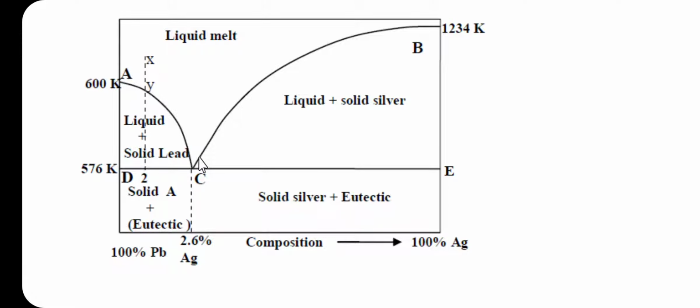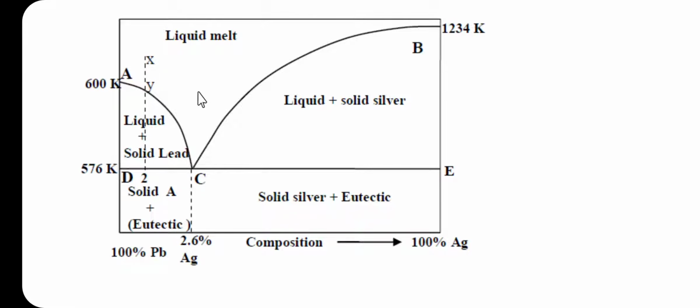Then the area BCE: in this area, solid silver and the liquid melt are in equilibrium. Then the area above the curve ACB.